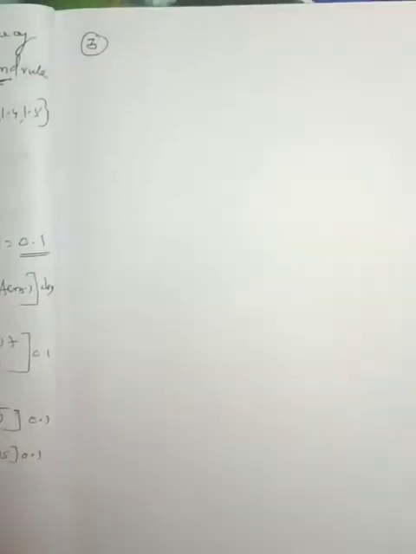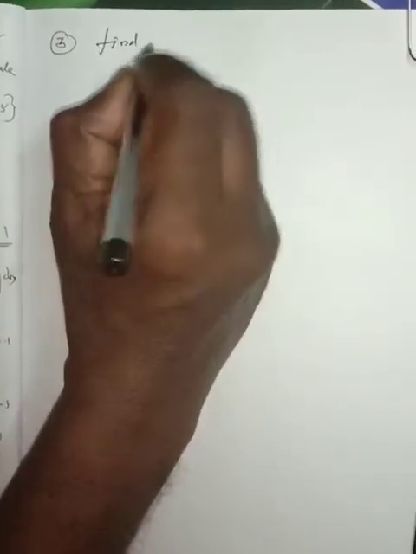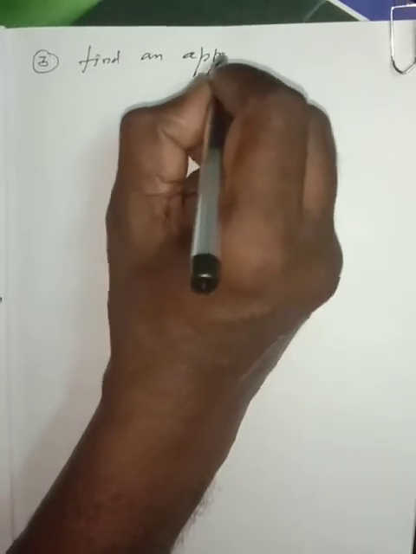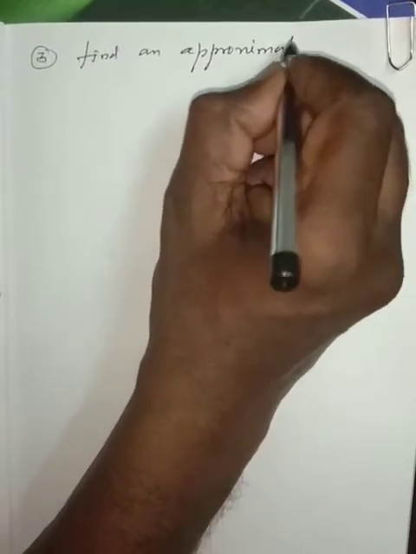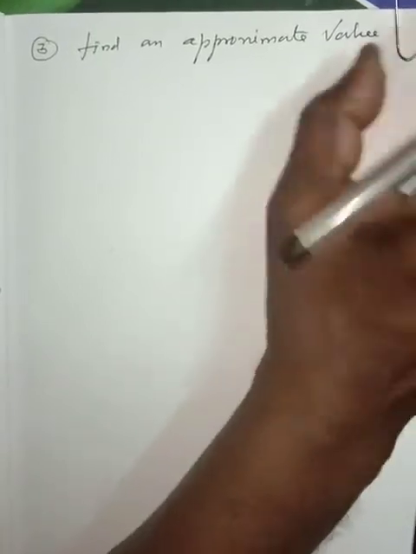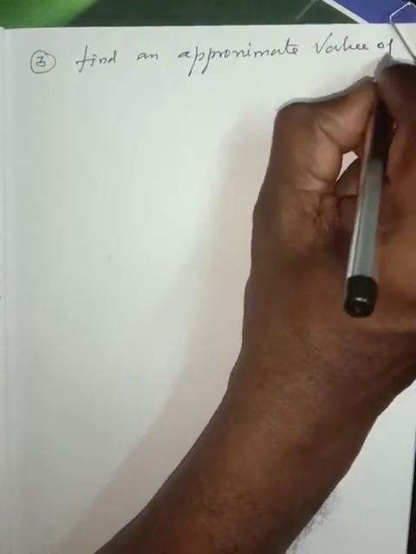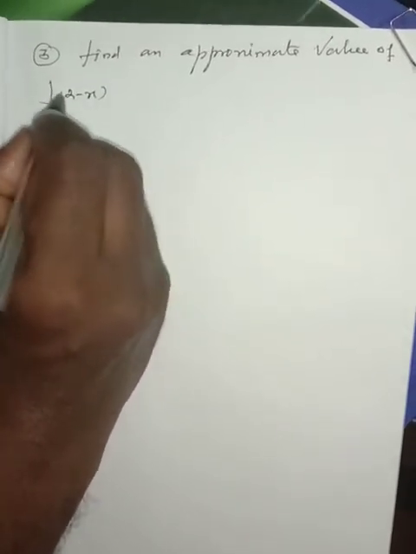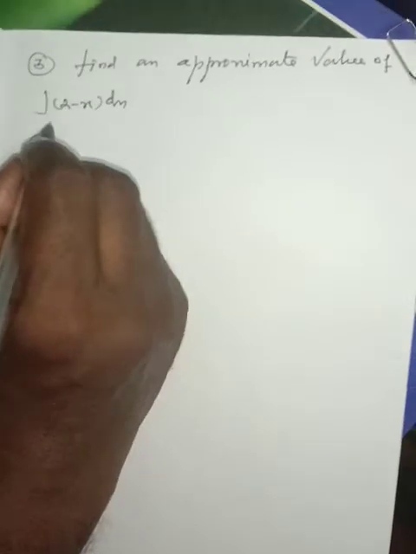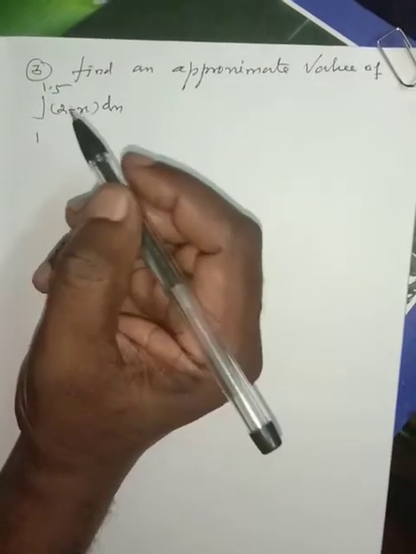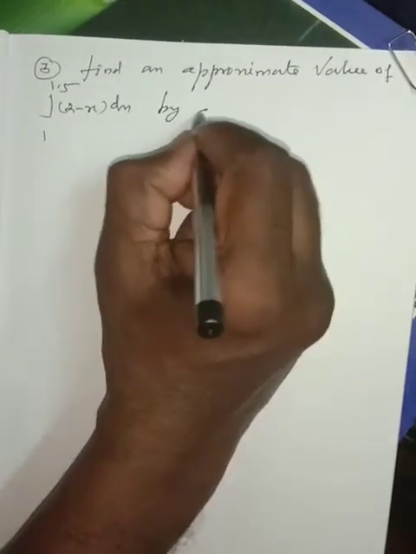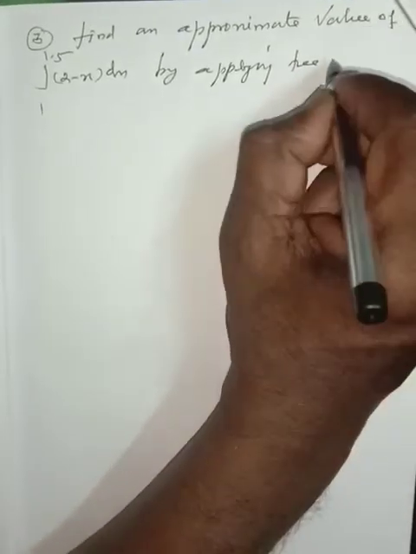Next, find an approximate value of the integral of 2 minus x dx. The limit varies from 1 to 1.5, by applying the midpoint rule.